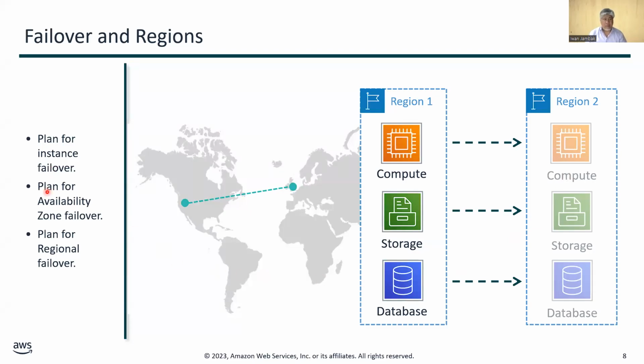So plan for instance failover, plan for availability zone failover, and you can plan for regional failover. You can imagine that, for instance, there is a flood or earthquake in the US, but if you have standby services or a replica in the UK, for example, then your service can still be available.